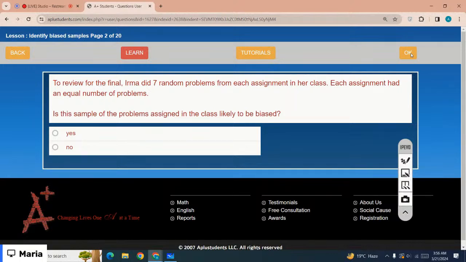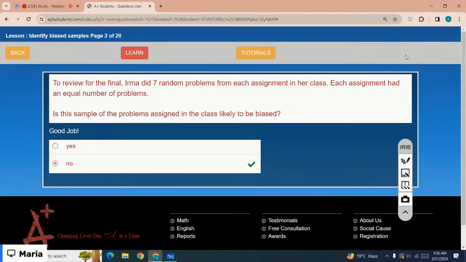She selected the seven problems randomly, right? So, the correct option is no, this isn't biased data. The correct option is no, right?